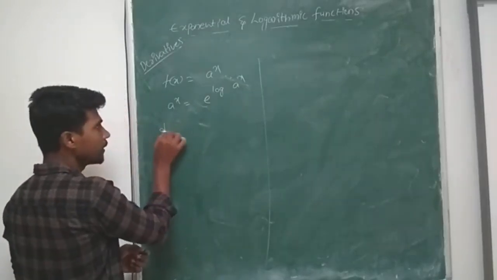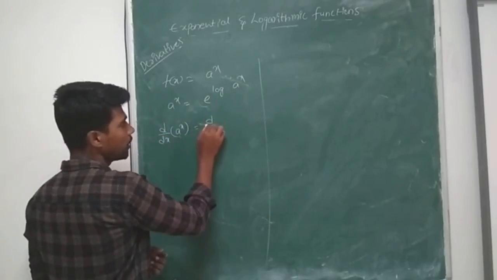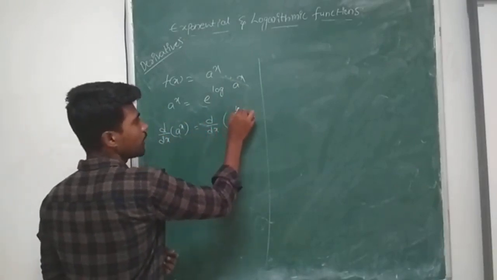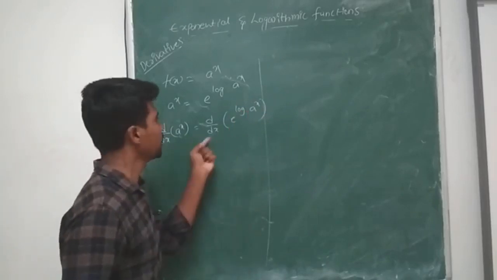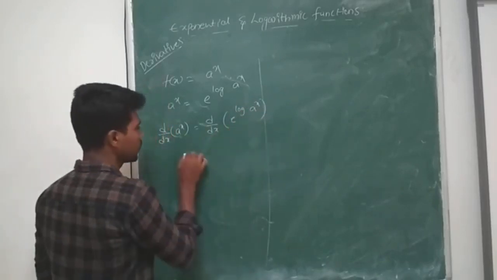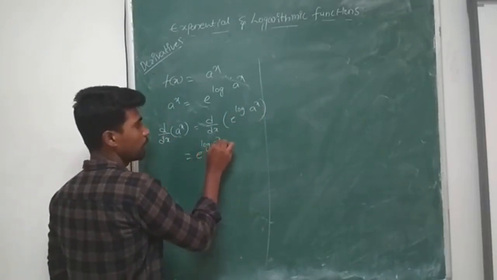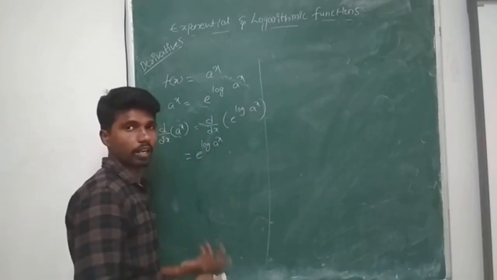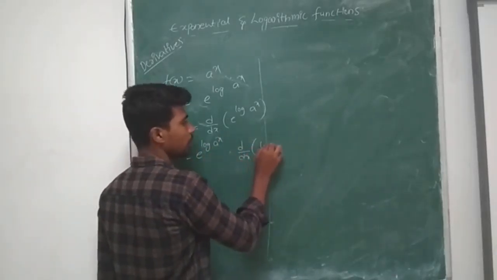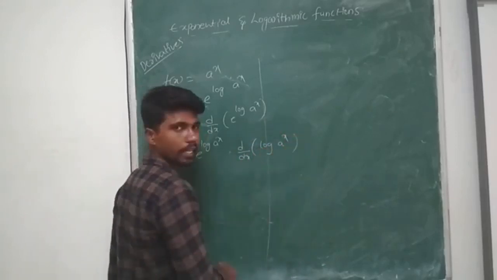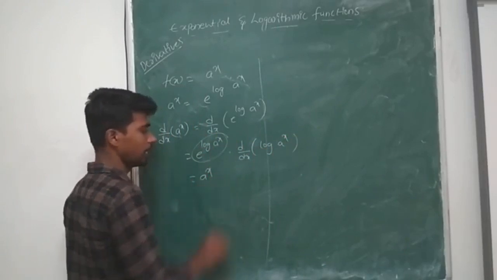Now I am finding its derivative. d by dx of a power x is d by dx of e power log a power x. Just now we found d by dx of e power x is e power x. So we get e power log a power x, but the exponent is not just x, so definitely we have to differentiate it too. So d by dx of log a power x.